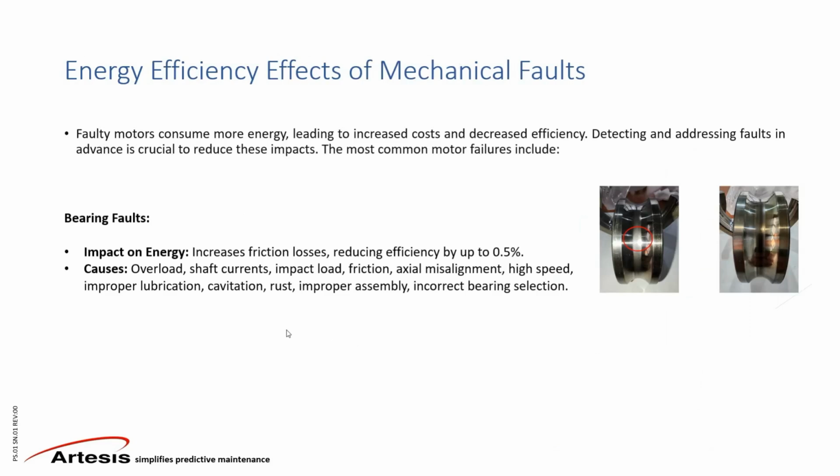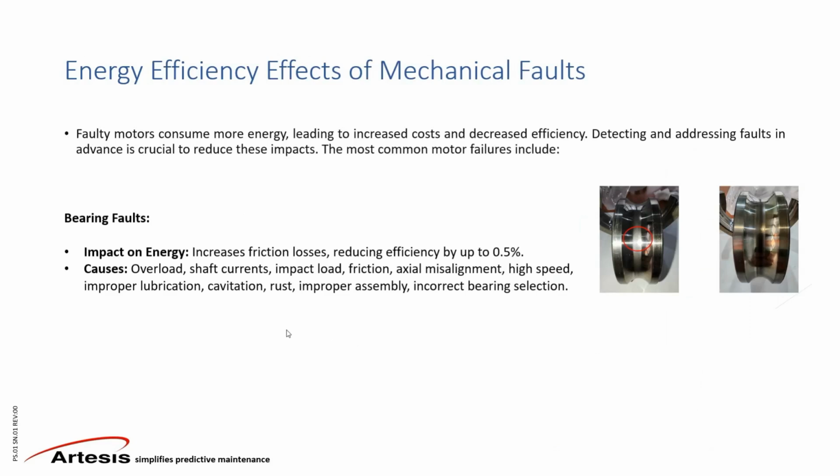When you have bearing issues, whether it's because of an overload situation, or you have a misalignment or unbalance, improper lubrication, cavitation, which will essentially create friction, whether these bearings are on the motor or on your pump or fan.